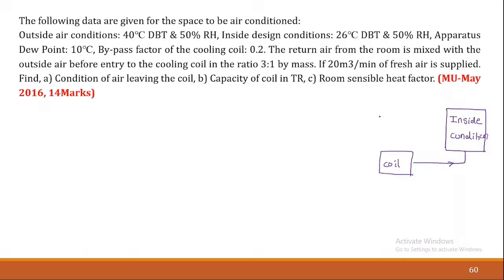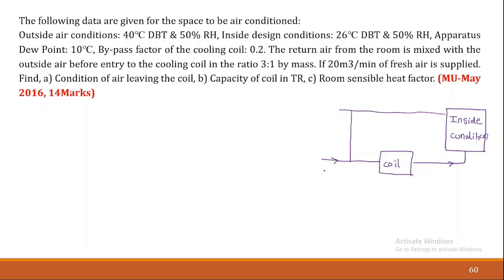Now they are saying that some amount of air is fresh air which is passed on the coil, and some amount of inside air is again recirculated. So I can take the flow like this. Okay, so some amount of air is mixed with this like this, right?